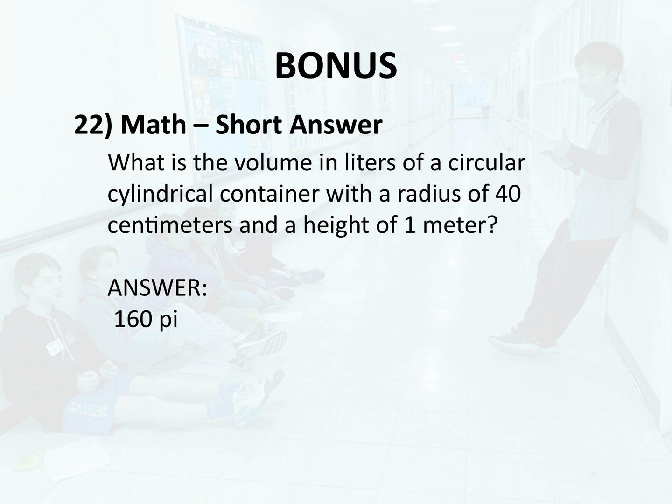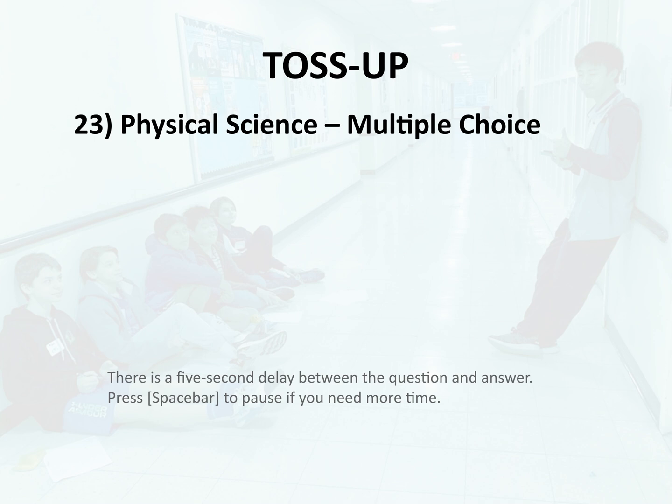Toss-up 23. Physical science, multiple choice. Which of the following best explains why the northern and southern hemispheres of the Earth have different seasons? W. The same face of the moon is always pointed towards the Earth. X. The orbit of the moon is tilted 5 degrees with respect to the Earth's solar orbit.